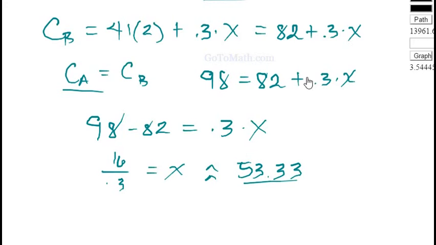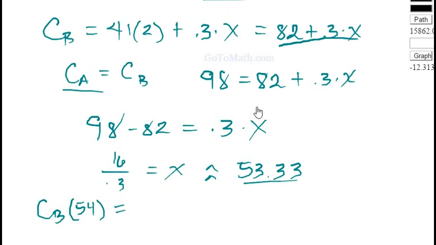I think I actually said something wrong here. Let's take the 54 and put it into car company B, and let's see what that actually is going to be. So 54, we're going to type that in.